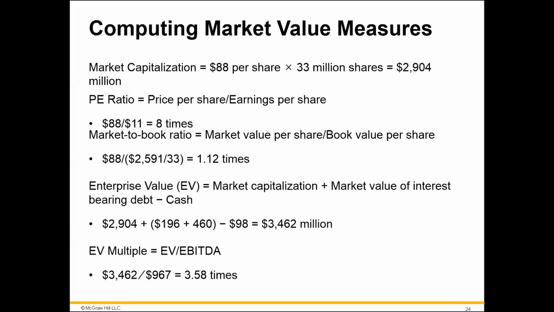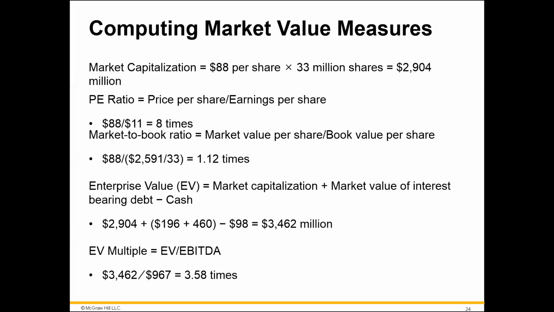Because the P/E ratio measures how much investors are willing to pay per dollar of current earnings, higher P/Es often mean that the firm has significant prospects for future growth, right?